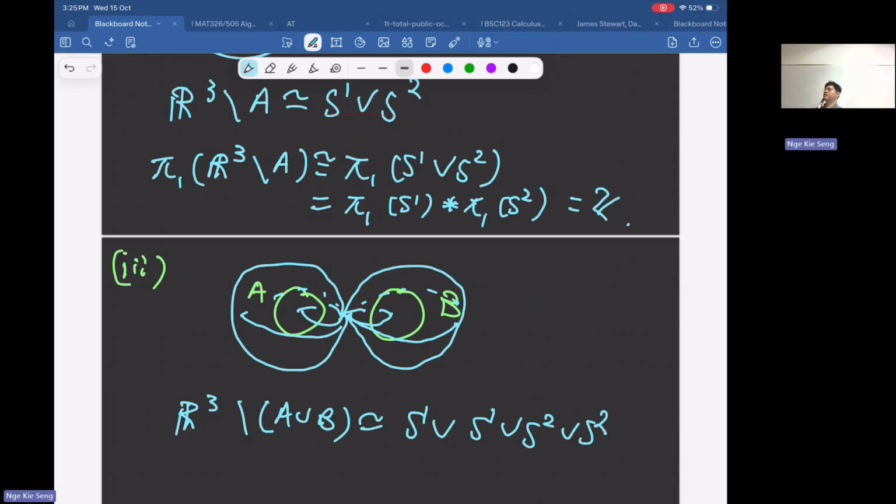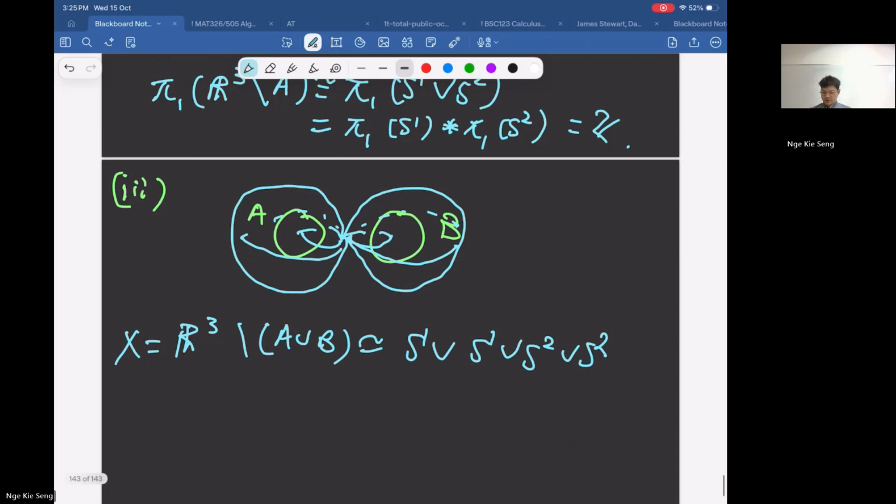Let's call this X. Pi 1 of X is just Z free product with Z. So this is a similar fundamental group as X1 wedge X1.